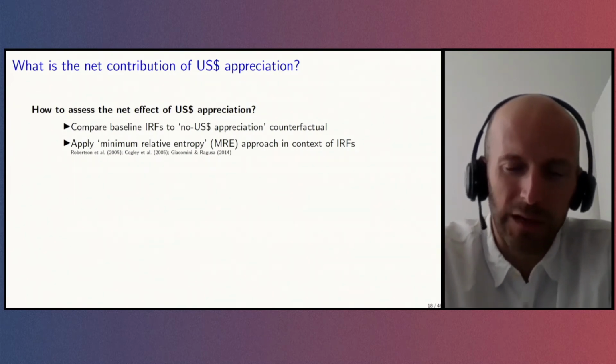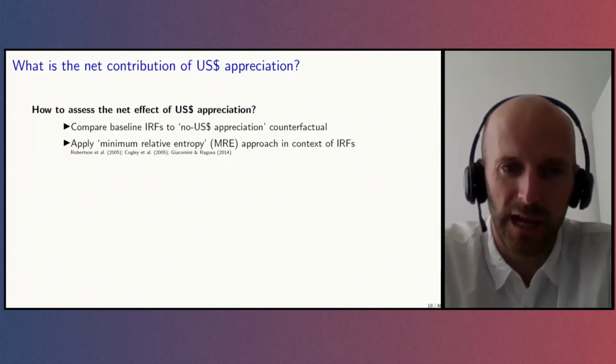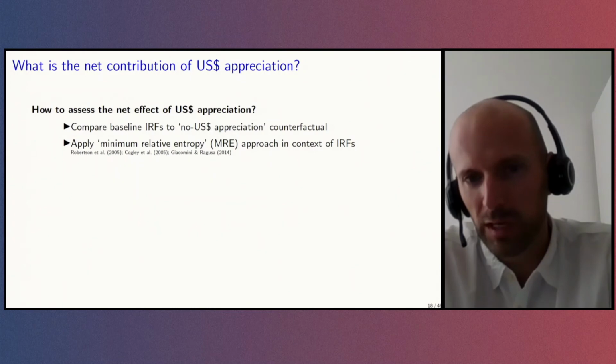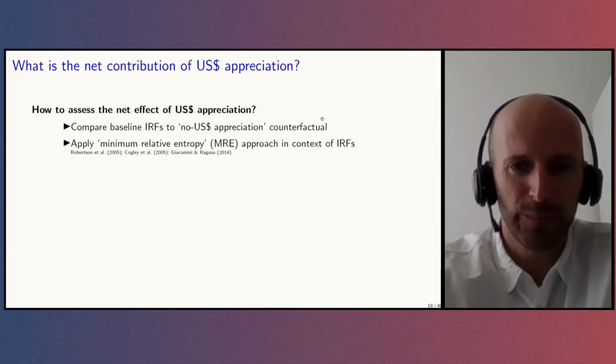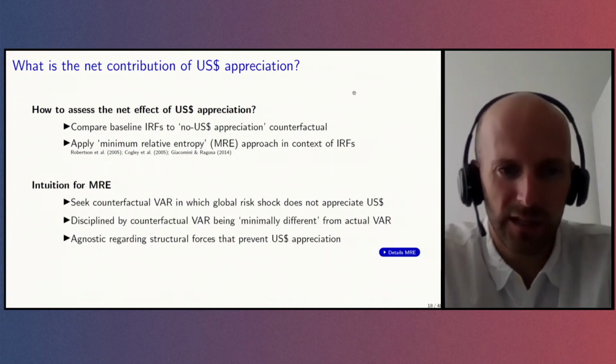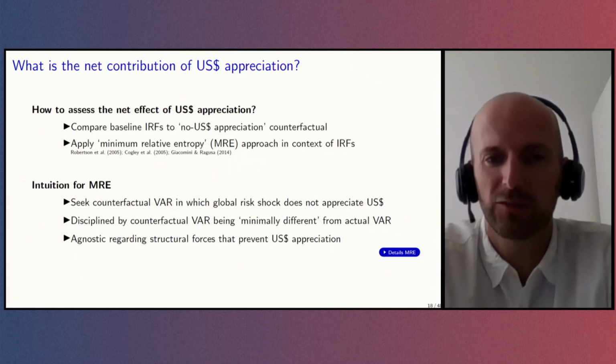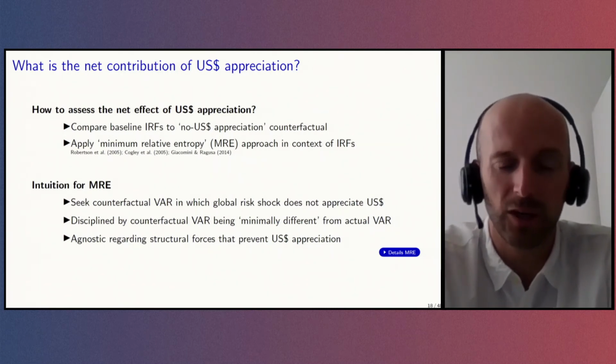Okay, but if you think about impulse responses just being based on conditional forecasts, then I think the analogy between what we're going to do in the context of impulse responses and what existing literature has done in the context of forecasting is fairly obvious. I'm not going to go into technical details of minimum relative entropy. I'm just trying to give you an intuitive idea of what it does.